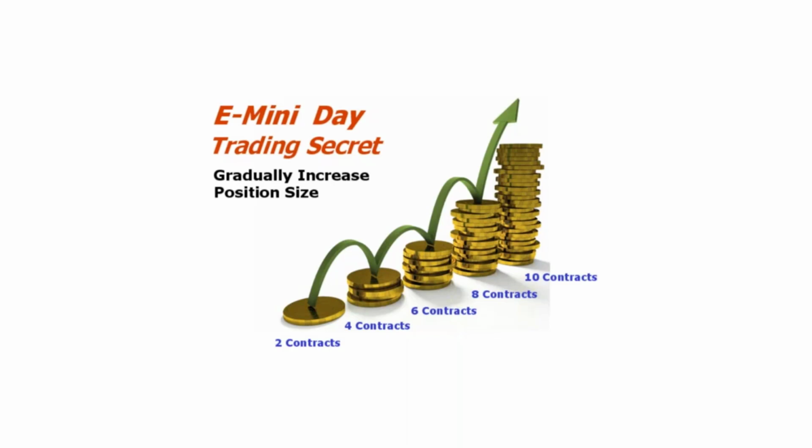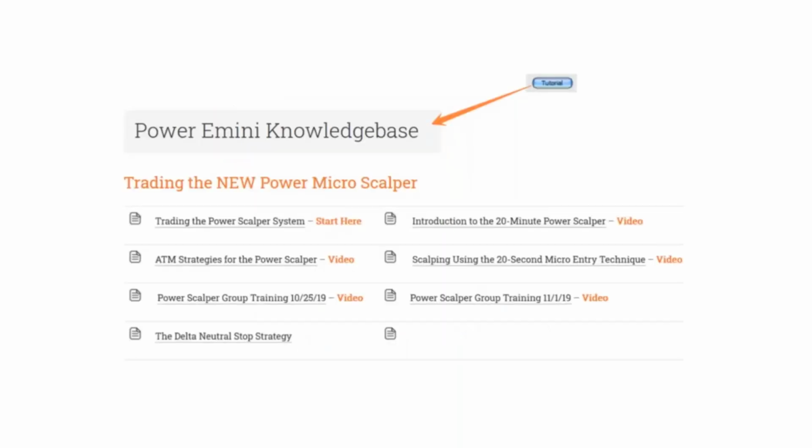And over time, every 2 weeks, every month, you scale up to the next level. And before you know it, 10 contracts in the micro, you're at the normal size contract. So the micros are a great stepping stone to get you into the full size contract. So I recommend anybody that comes into this, you start with the micros, keep it super easy on your nerves.